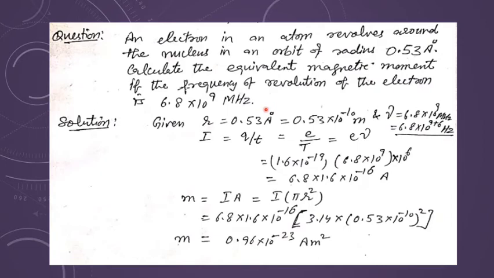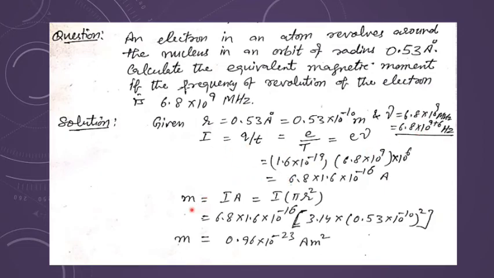For doing the calculations, always take care of the units. So you have to multiply it with 10 to the power 6. If I want to find current, that is charge upon time, and here the electron is revolving, so electronic charge divided by time can be written as electronic charge into frequency, because 1 upon time period is frequency. Frequency is given in the question, so you can find the current.